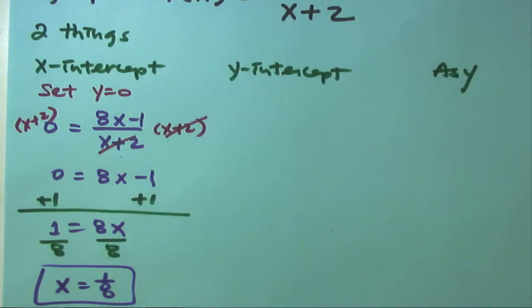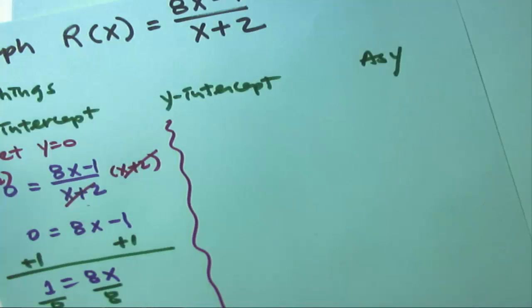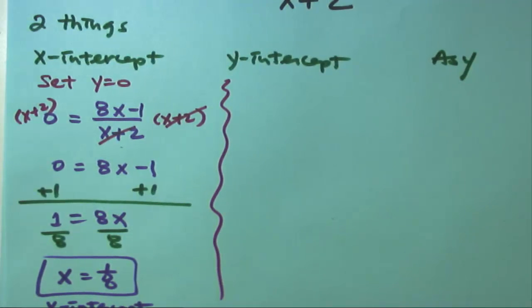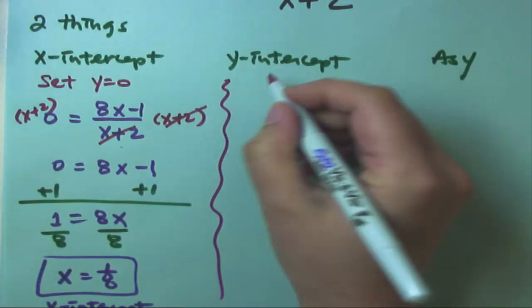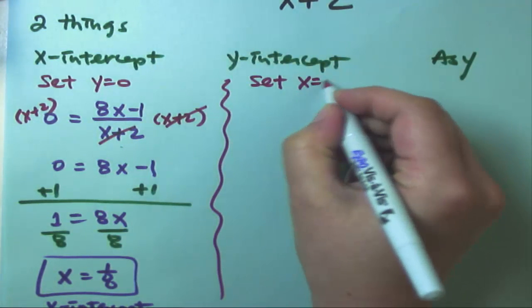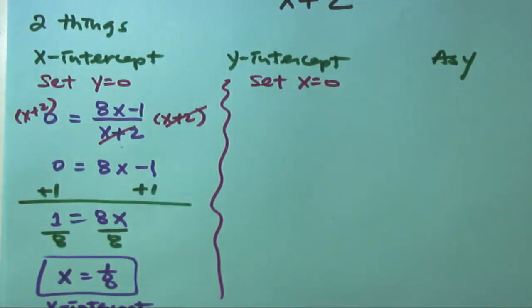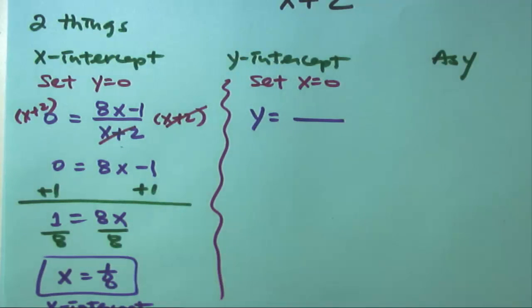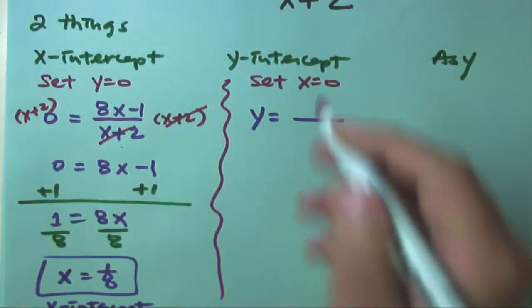And to find the y-intercept, we are going to set x equal to 0. So we get y equal to 8 times 0, which is 0.